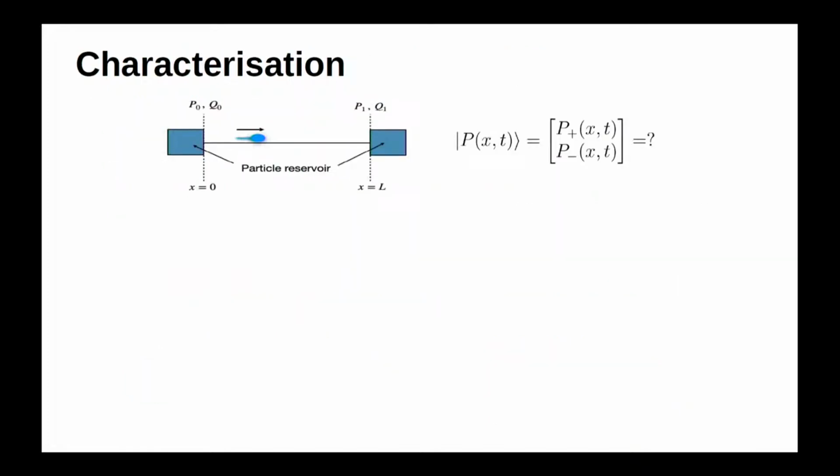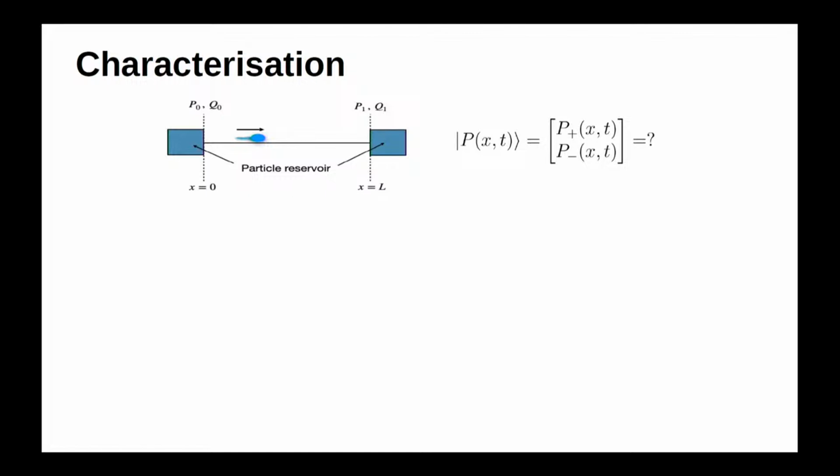To characterize this kind of system, usually we try to find the distribution of the particles at different times. Here the particles come with two internal states, and you randomly assign one to be plus and one to be minus. In one direction it can move one way and in the other state the other way.